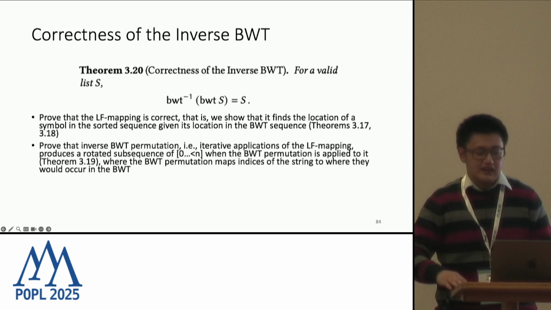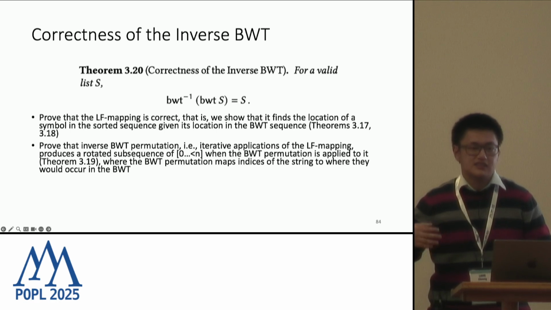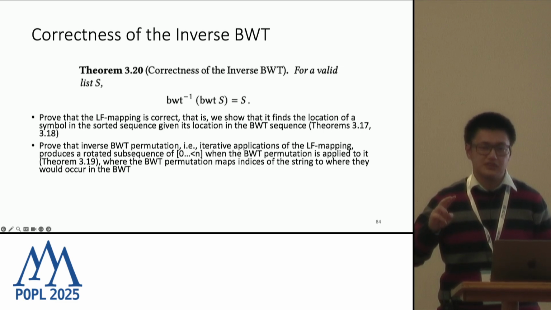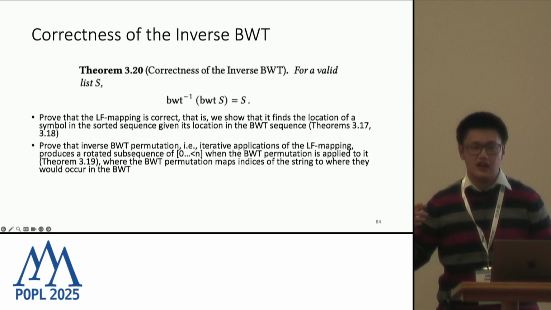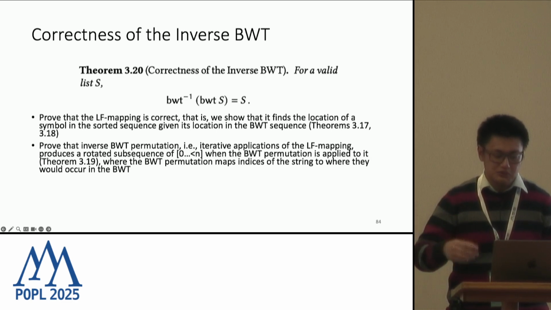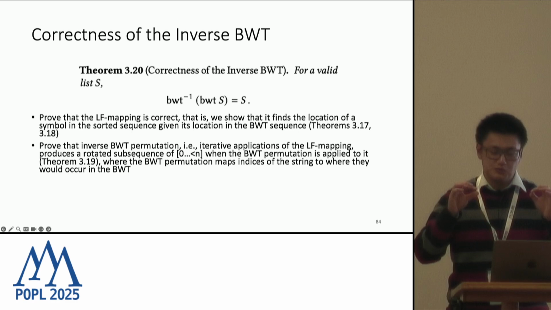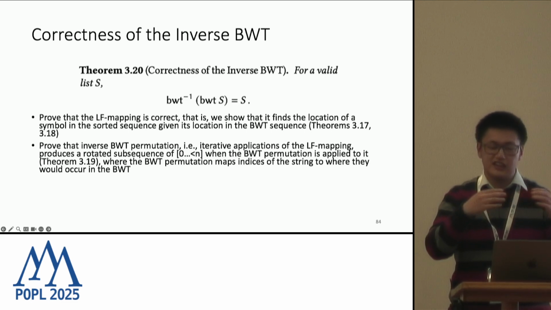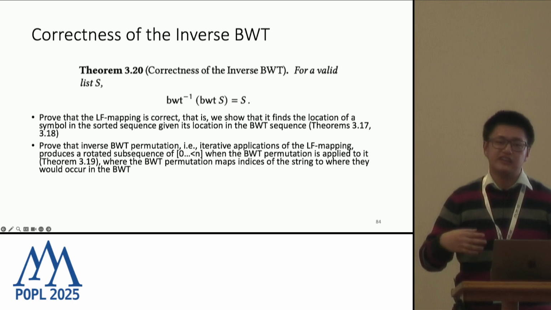Then the next part is to prove that applying this iteratively and using the second property to find the preceding symbol actually produces the original sequence. In this case, what we do is prove things about the indexes of the symbols, so their locations, how they map, and where they map to.